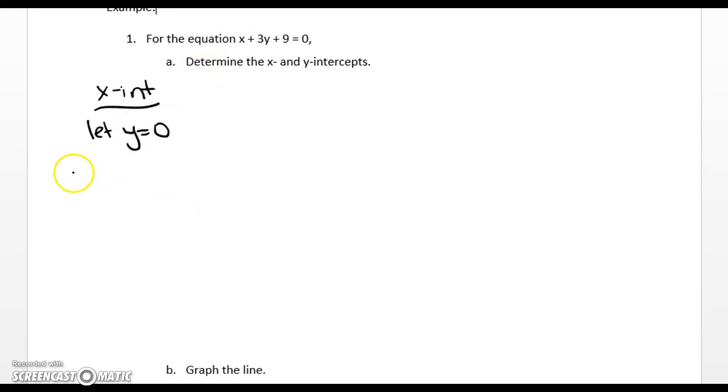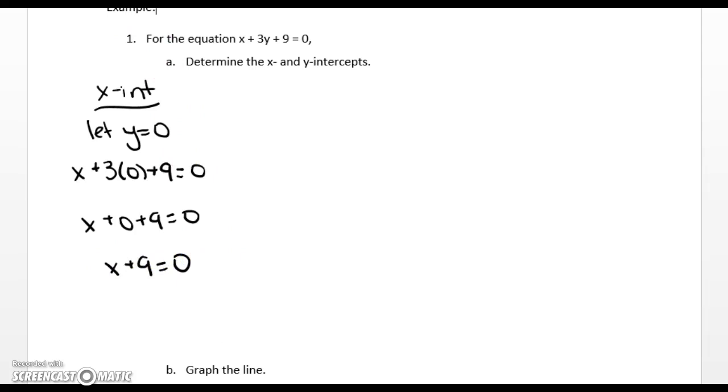So here we have x plus 3 times y, which is 0, plus 9 is equal to 0. 3 times 0 is just 0, and 0 plus 9 is just 9. We can then move this plus 9 over to the other side by subtracting, doing that opposite operation. So then we have our x-intercept is equal to -9.